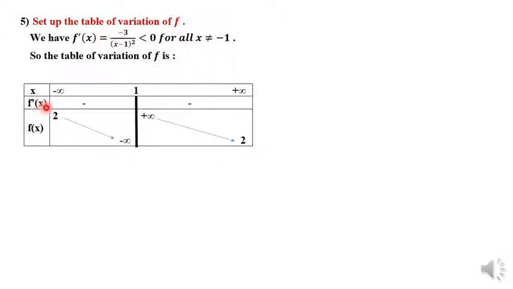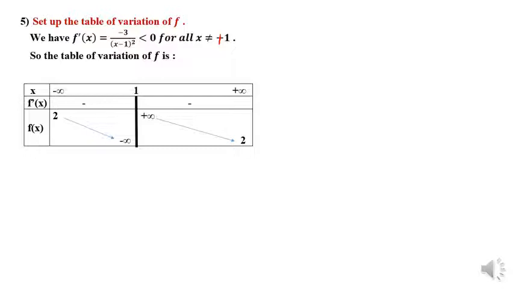We have f prime x is strictly negative. We know x different from 1, not from minus 1.